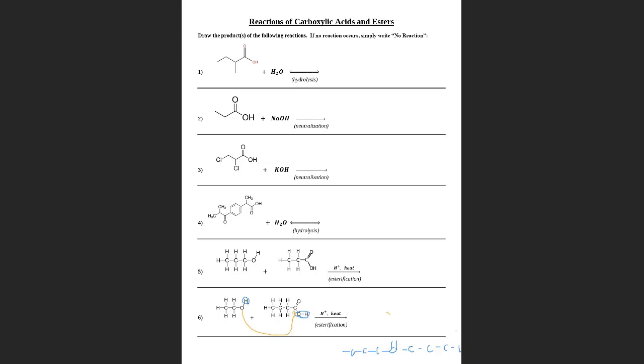So I have a C, C double bond O, and then I have 1, 2, 3, total of 4 carbons there. And then I have an oxygen, and on the other side I have 1 carbon here, 1 carbon here. And then of course the appropriate hydrogens. Is that what you all got?